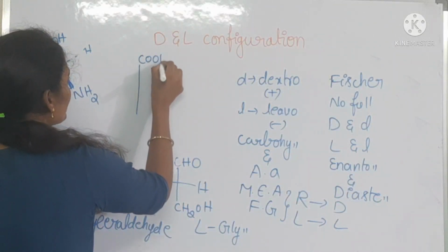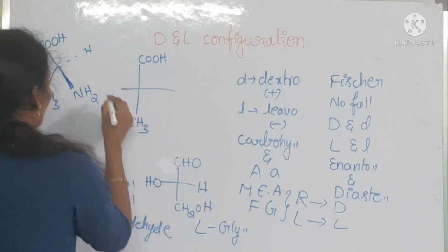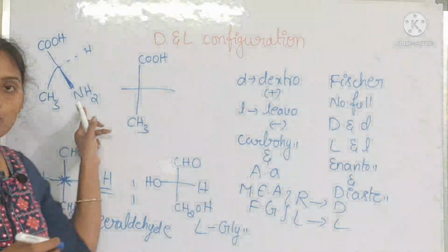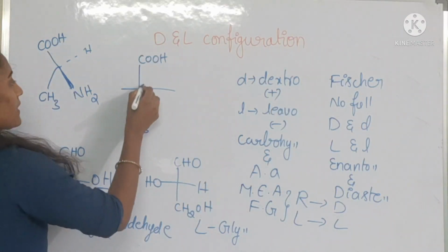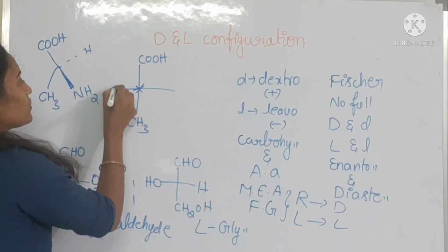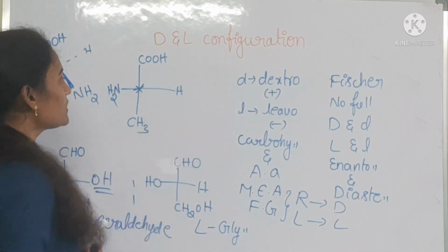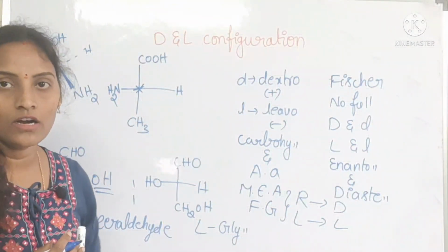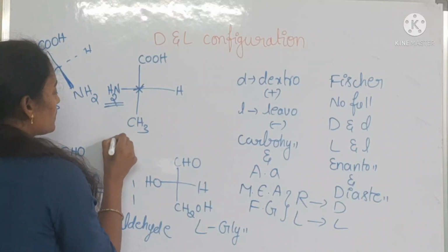By placing the more oxidized group on top of the vertical line, then what you have to do: this NH2 group is attached with a thick line to this chiral center, so it is near to the observer, and the hydrogen is attached to this chiral center, that is a little far from the observer. Now you can assign the configuration.